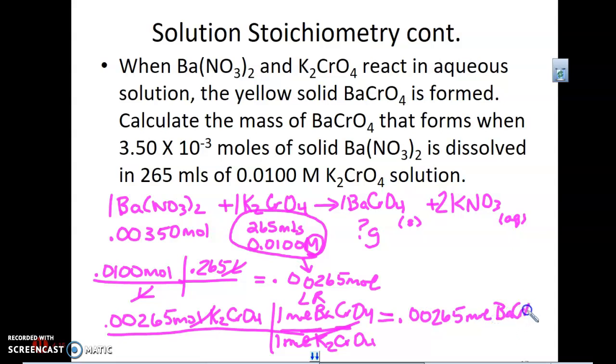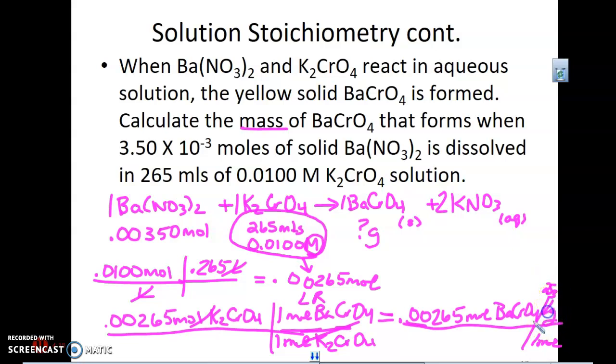And then what you want to do is get it back to grams, because it says calculate the mass. Wow, I do this so much better at school. And a mole of barium chromate, if you add up, and I definitely would go through and, just for the practice, add up a barium, a chromium, 4 oxygens, you should get right around 253.